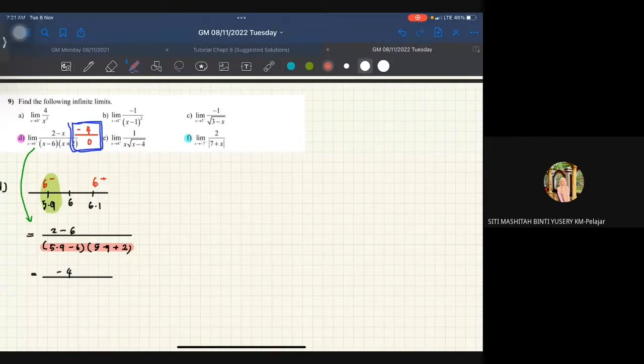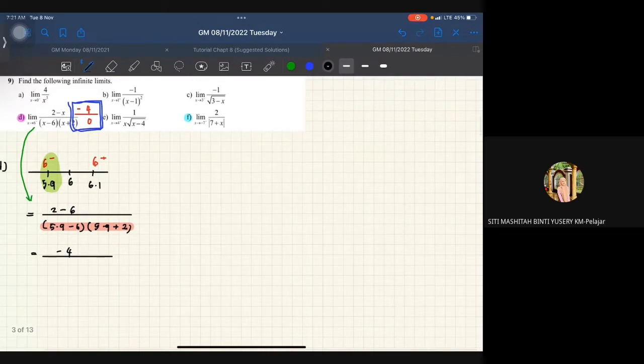Okay, so awak dapat negative 79 over 100. Okay, so kalau awak tukarkan kepada bentuk decimal, when you change it to decimal form, you will get negative 0.79. Okay, so negative 0.79.